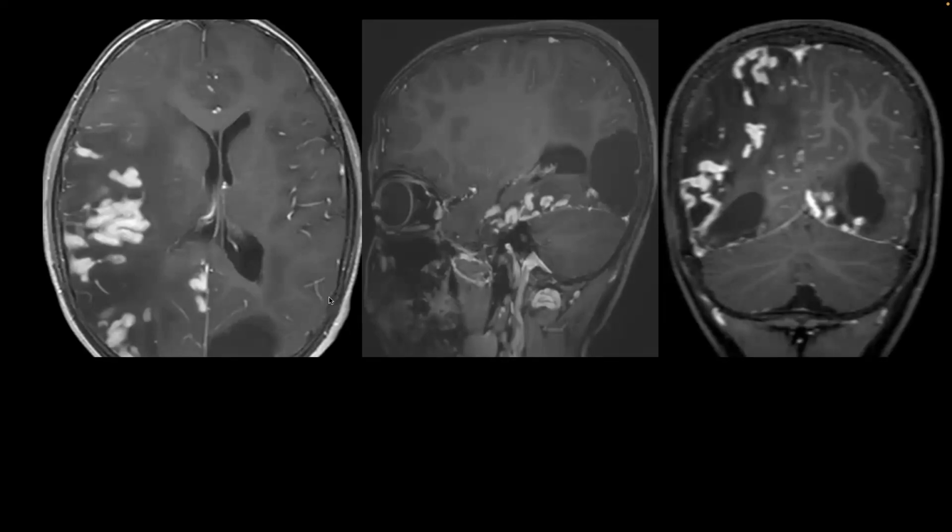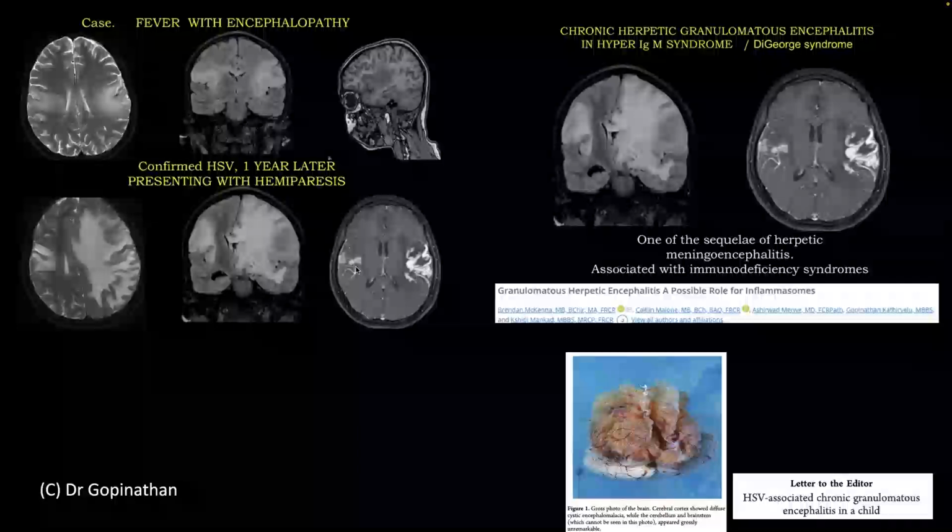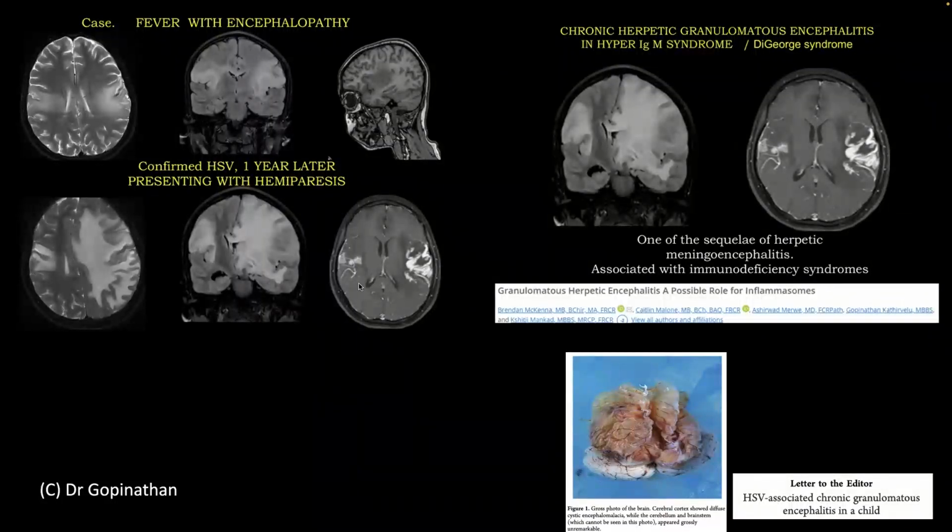Post contrast, again, you can appreciate the abnormal enhancement, the diffuse gyriform enhancement, as we have seen on the right hemisphere. Based on this imaging, there is also some degree of enhancement in the left posterior hemisphere. For imaging differentials, Dr. Gopinathan has shared his cases. I thought it kind of fits into chronic granulomatous herpes encephalitis, where this diffuse, extensive involvement can be seen.